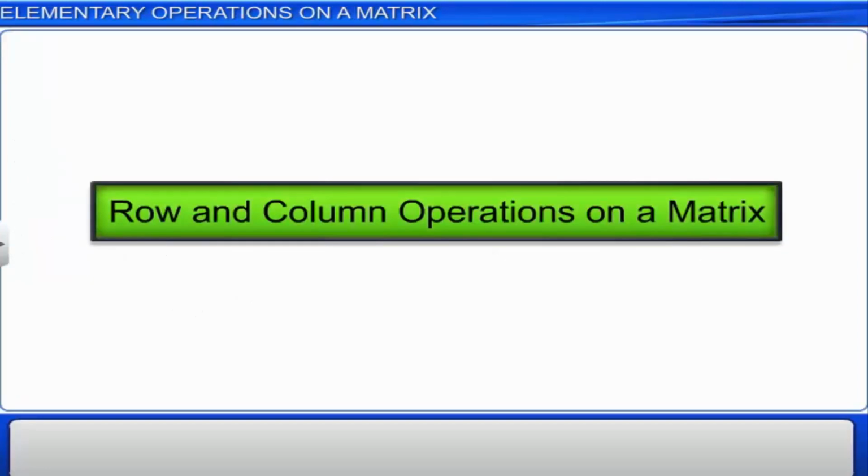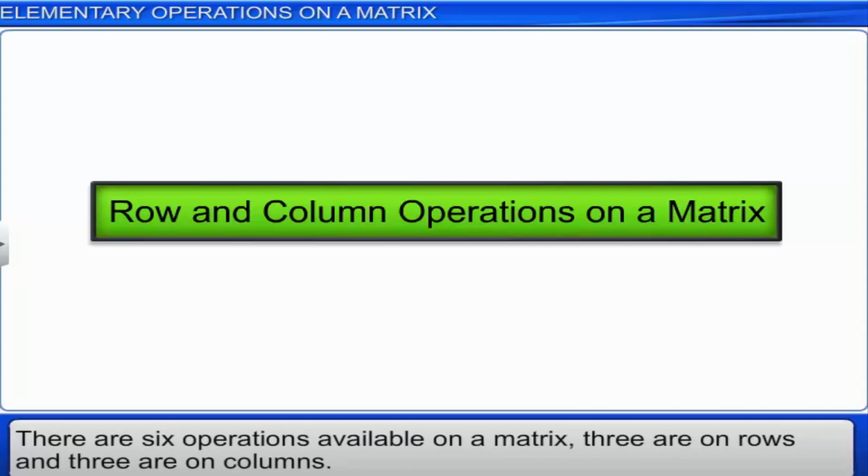We can perform row and column operations on a matrix. These operations are particularly helpful when finding the inverse of a matrix, solving a system of linear equations, and finding determinants. There are 6 operations available on a matrix, 3 on rows and 3 on columns.